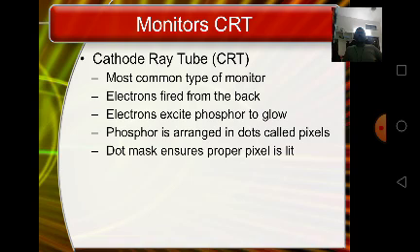The gun shoots a beam of electrons through a magnetic coil, sometimes called a yoke, Y-O-K-E, which aims the beam at the front of the monitor. The back of the monitor screen is coated with phosphorus chemicals that glow when they are struck by the electron beam. The screen's phosphorus coating is organized into a grid of dots.